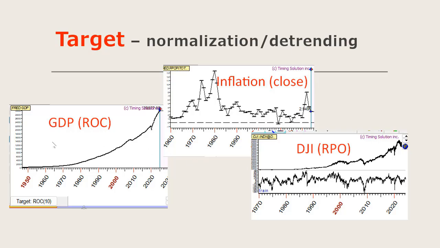Next example. For exponential datasets, we need to apply rate of change as a target. Next example, this is Dow Jones since 1970, and for these datasets we need to apply a relative price oscillator, or now they call it a percentage price oscillator. 25 years ago they called it relative price oscillator.